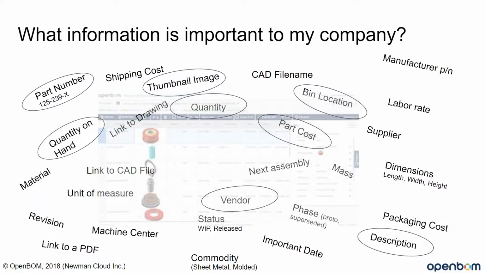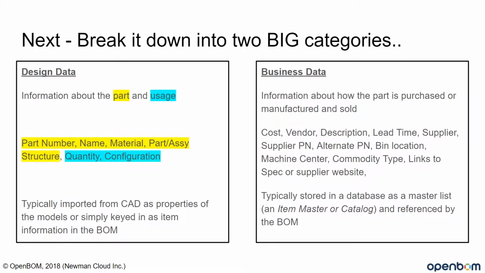So I'm going to ask you to think about what are some of the things that might be important to your company to include in a bill of material, and then to narrow that down a little bit, at least for today's exercise. I've drawn some circles around some of those things that we might find are vital. Then we can think about some of the other things as we work our way up that value maturity curve.